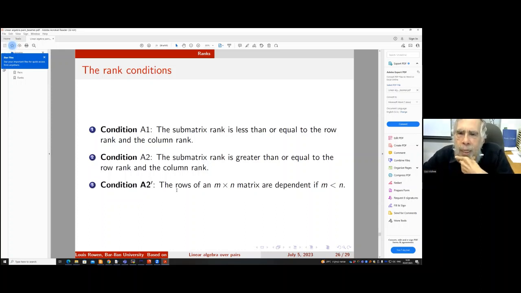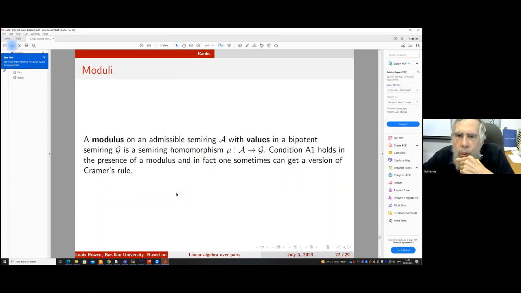In order to be able to handle this, we have the concept of a modulus. That's like evaluation. It's a semiring homomorphism to a bipotent semiring.